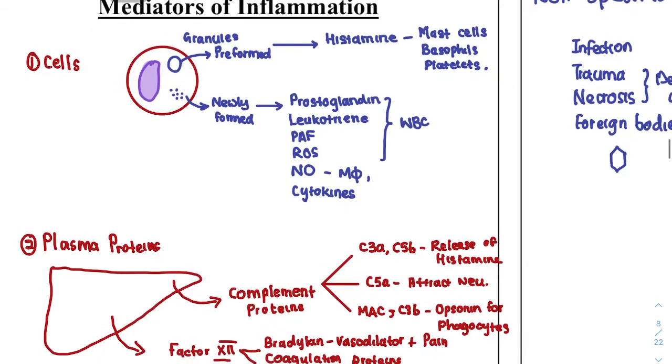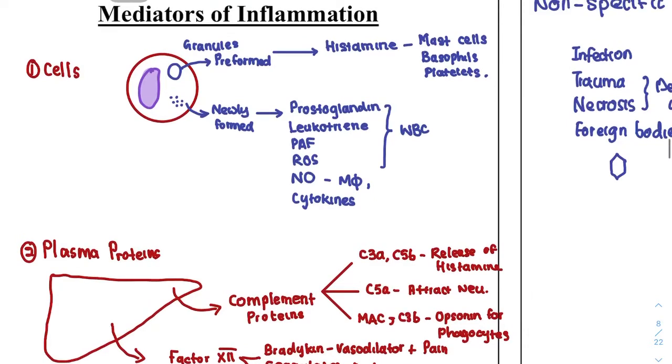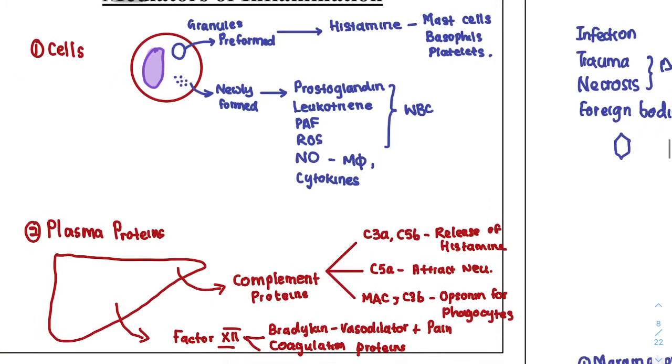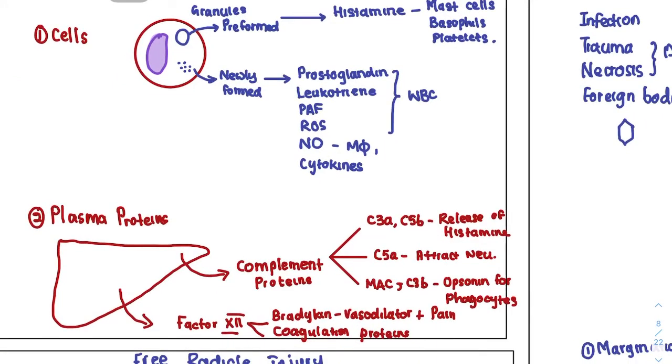So when it comes to cells involved in inflammation in that area, those cells might have preformed granules. For example, histamine. And some cells that release histamine that have these granules are mast cells, basophils, and platelets. Next, you have newly formed substances that is produced when needed, usually in response to a stress due to, let's say, the infection.